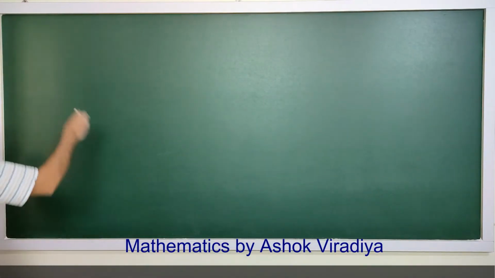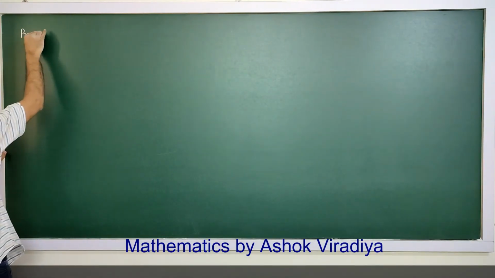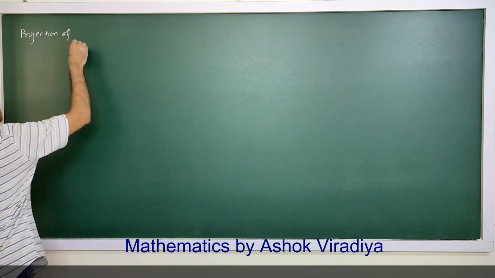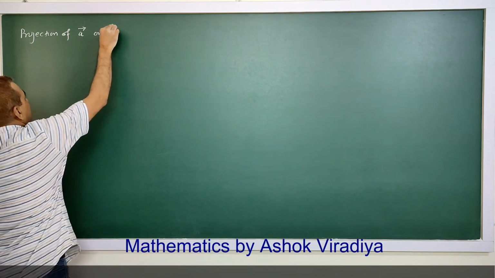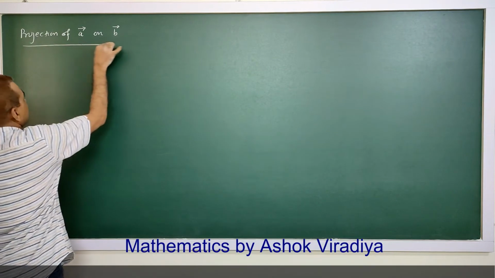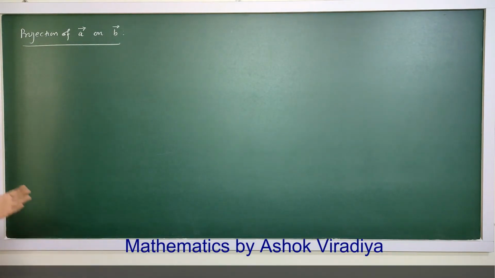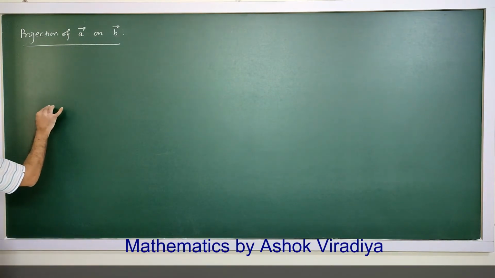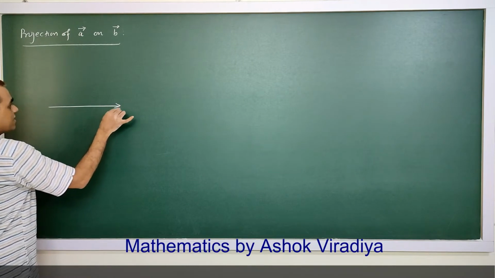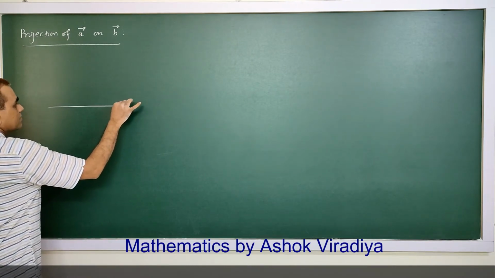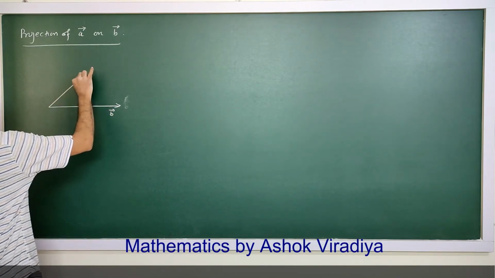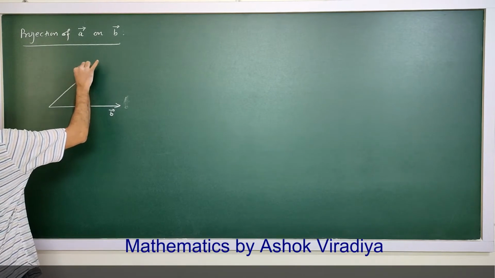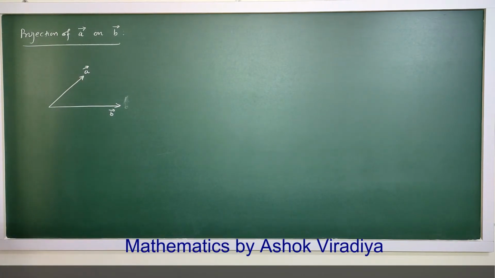Now the next topic is projection of vector A on vector B. What does projection of a vector A on vector B mean? Say here, suppose this is vector B, and here this is vector A. I am taking 4 diagrams.